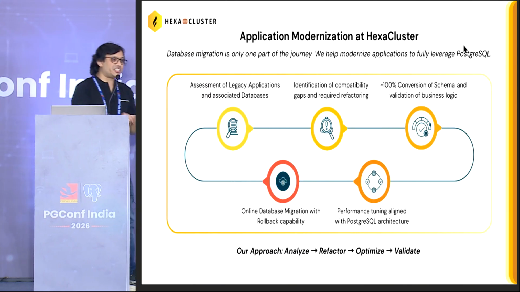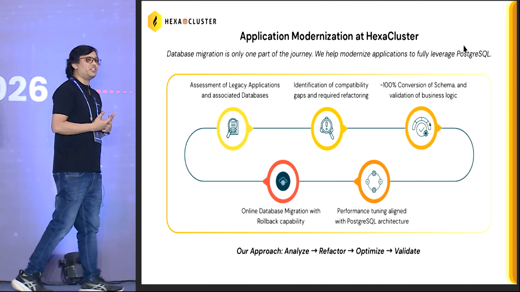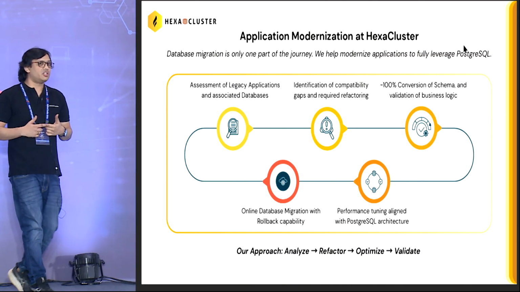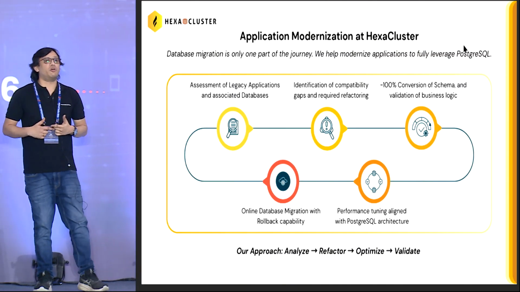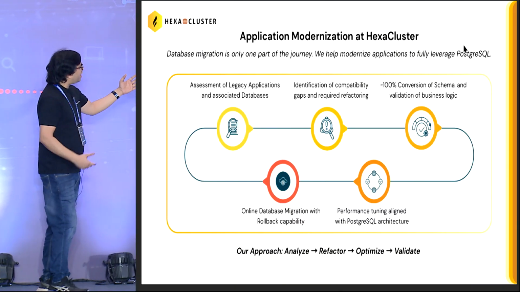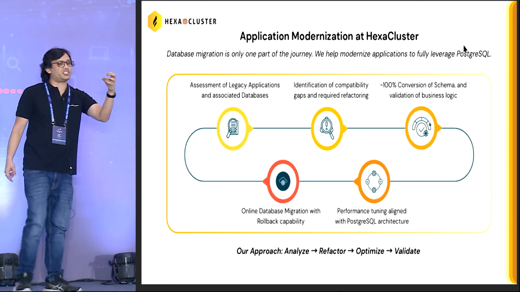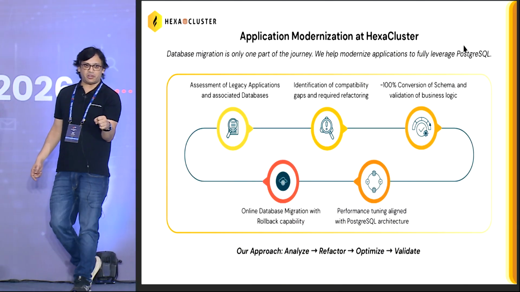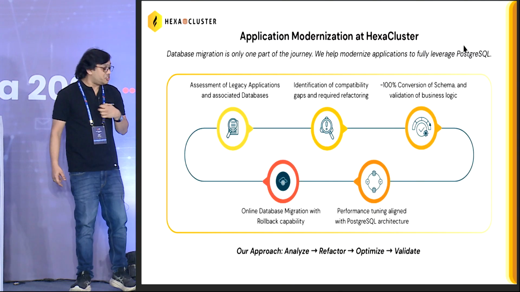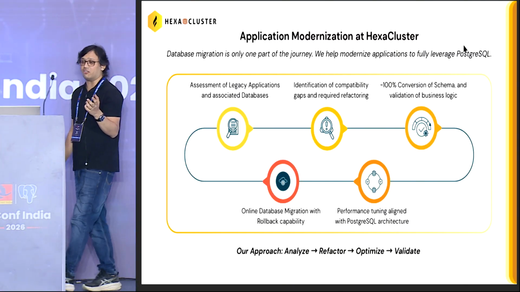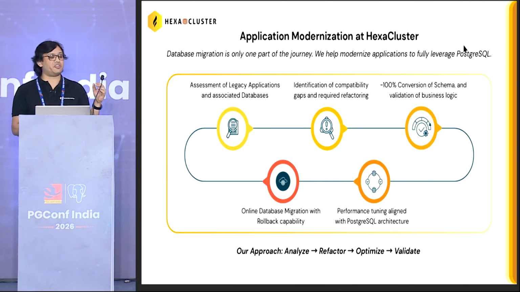Talking about application modernization real quick, it's not just database migrations or modernizations that we do. We also help you modernize your application. Our DMAT assessment tool can assess your application, and we can do the application migration or modernization for you, even if it involves a monolithic to microservices transformation.